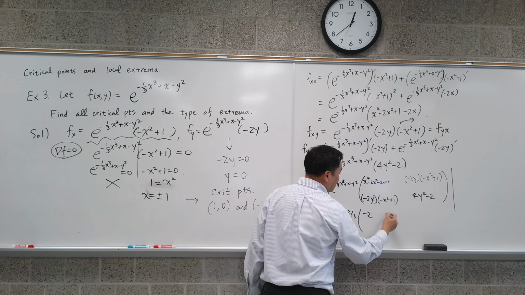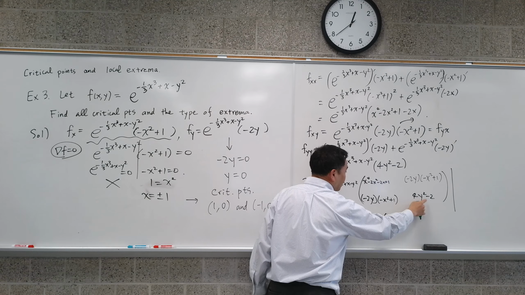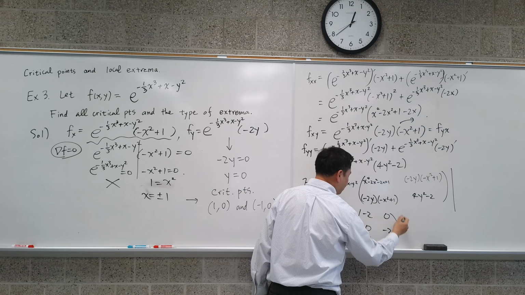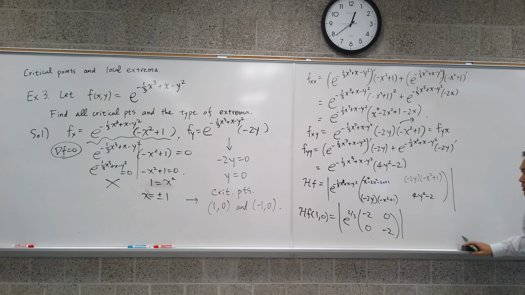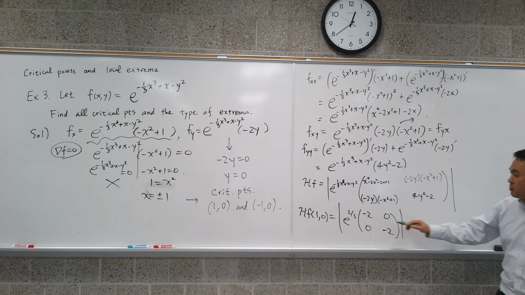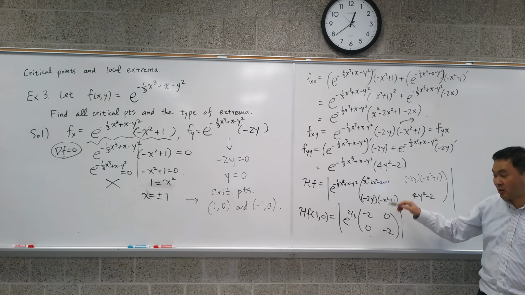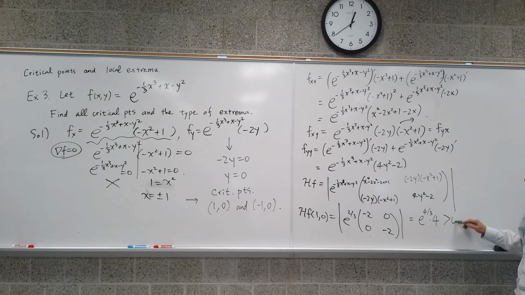This will be 0 because y is 0 and 0 times anything is 0. And then if you plug in 0, you get negative 2. Okay? And then what happens here is that, well, if you multiply this inside and do AD minus BC, you get e to the 4/3 times 4, which is positive. Okay?